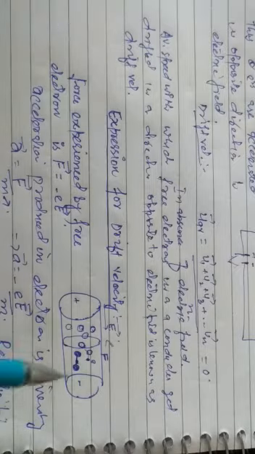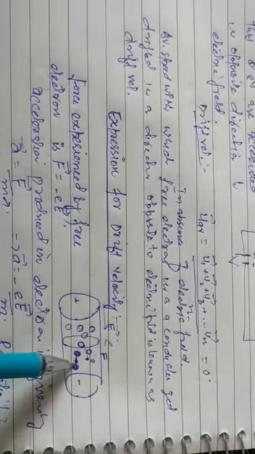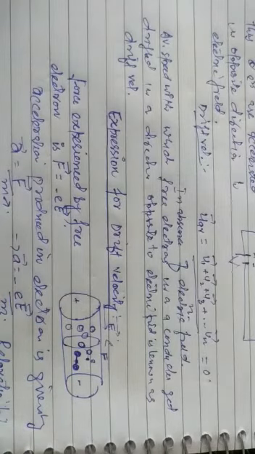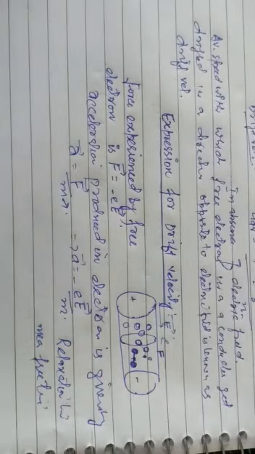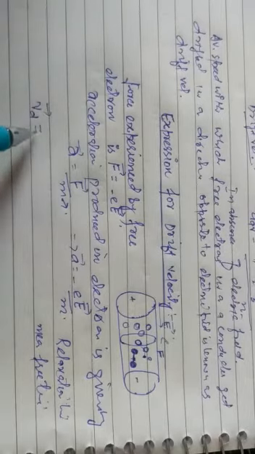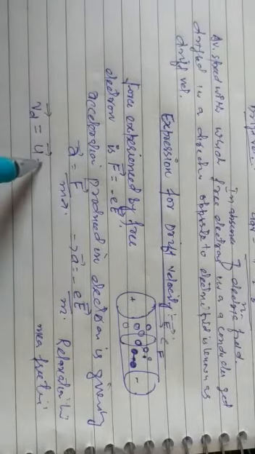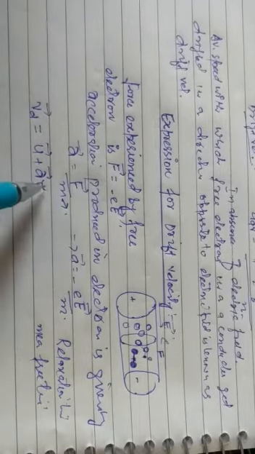The drift velocity Vd equals to u plus acceleration into tau.